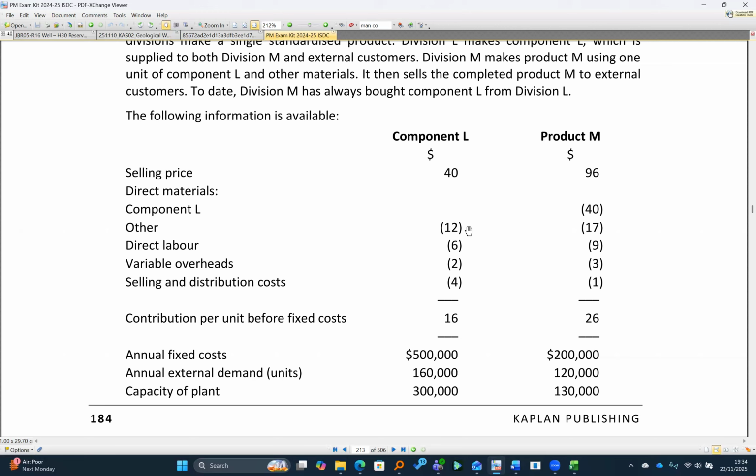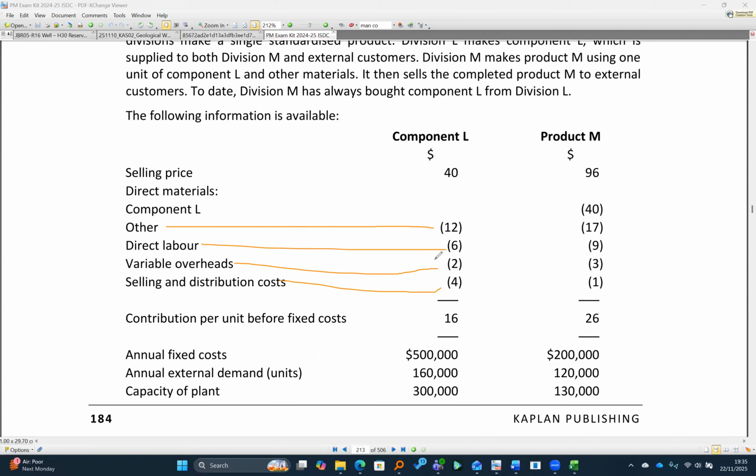Now, how much have I incurred to make this component L? I have 12 direct labor. I have 6 variable overheads. Then I have 2. Selling and distribution is 4. Variable overhead is 2. Direct labor is 6. And then the other costs, okay?